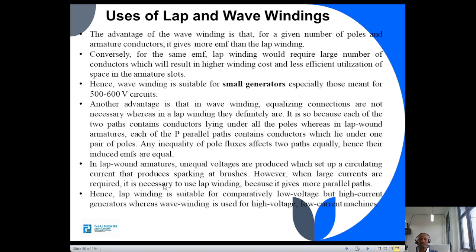However, when large currents are required, it is necessary to use lap winding because it gives more parallel paths. If there are more parallel paths, our current will increase. Hence, lap winding is suitable for comparatively low voltage but high current generators, whereas wave winding is suitable for high voltage and low current machines.